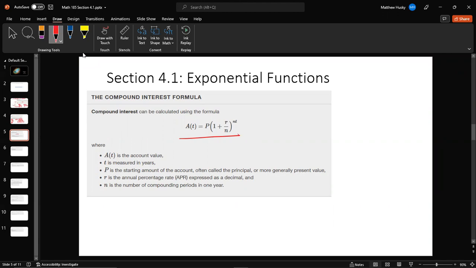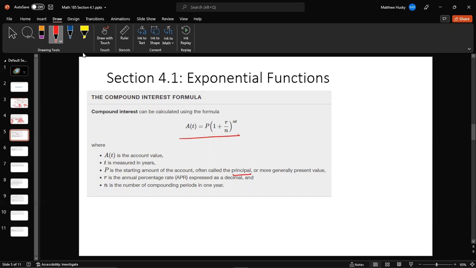So A of t is the account value. That's basically the amount that you have at the end of all this, which is what you would usually want to know. You have the time that goes by, which is t. That's going to be in years. P is called the principal, which is basically financial speak for the starting amount of money that you have.